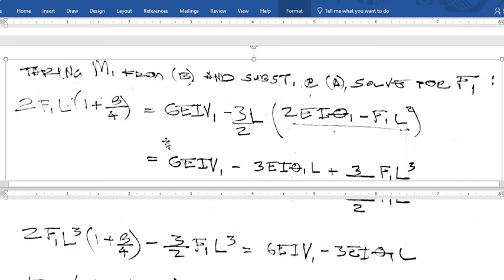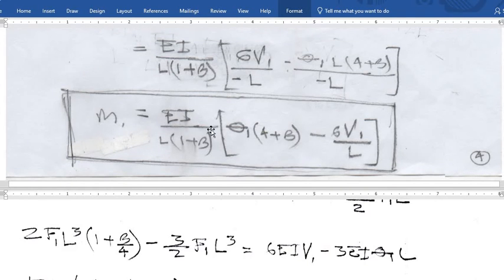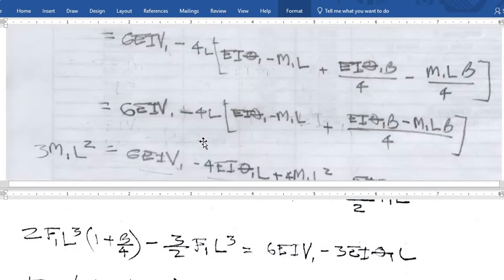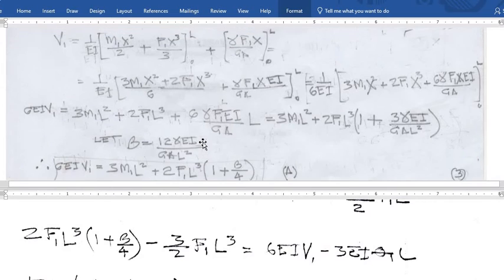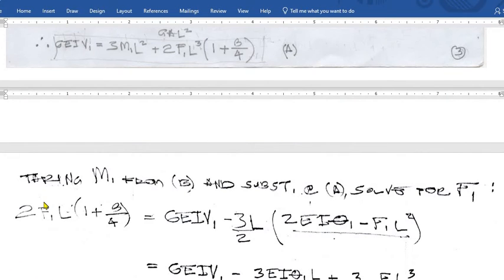And then, we will substitute M1 into equation A to get F1. Okay? So, this is what we solved. So, we substitute this into equation A. Here it is. Let's repeat.